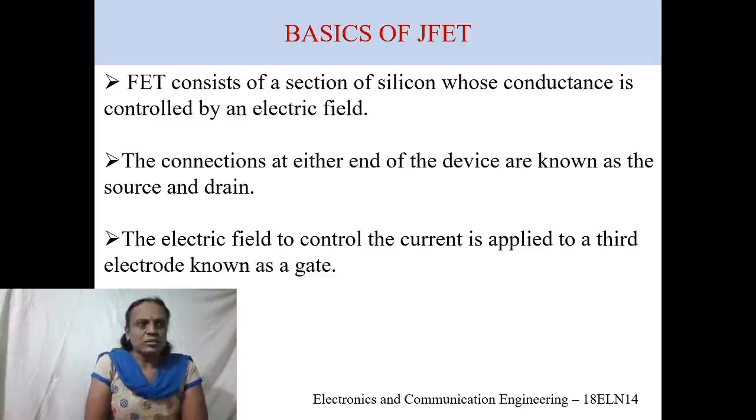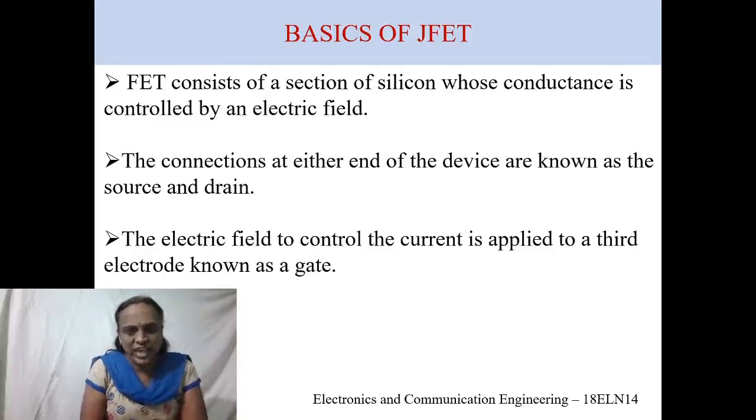Now, the connections at either end of the device are called source and drain. The electric field to control the current is applied to the third electrode known as the gate.